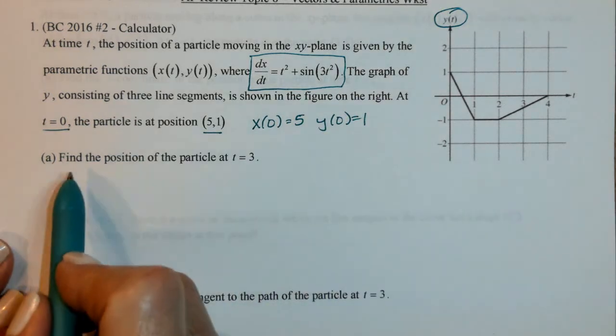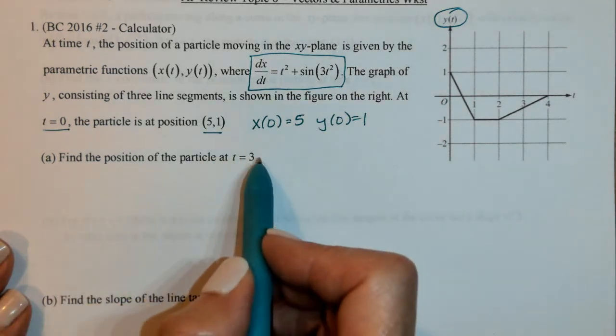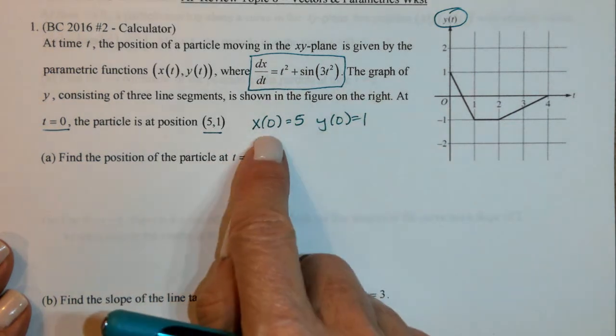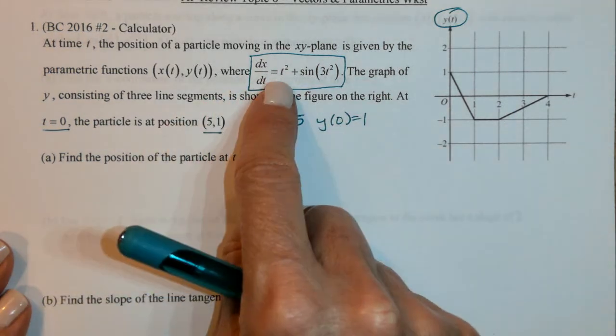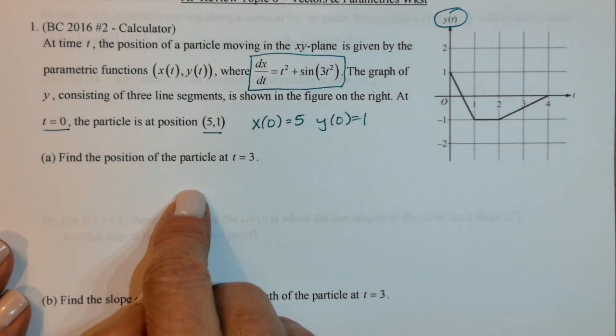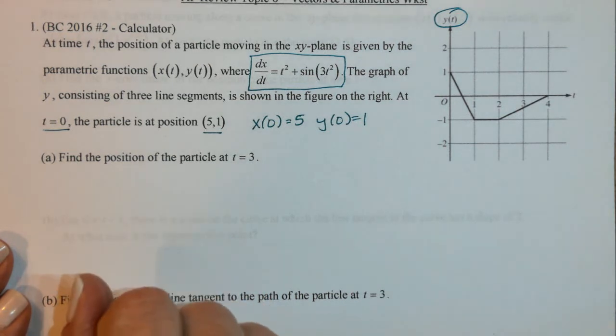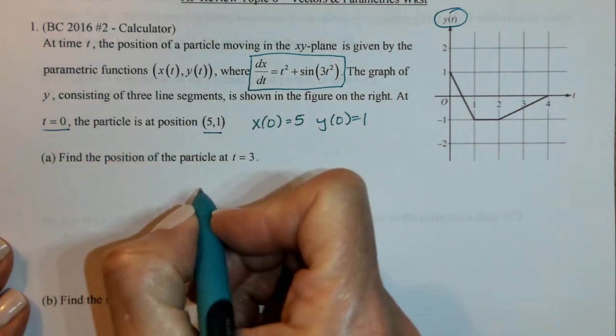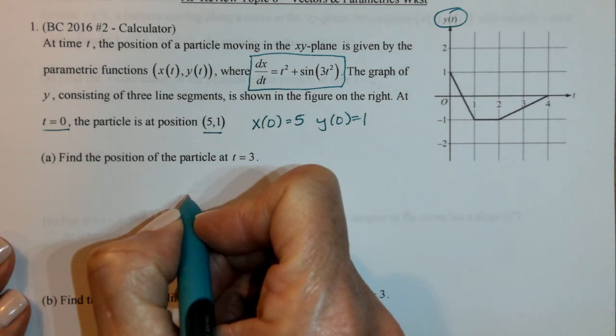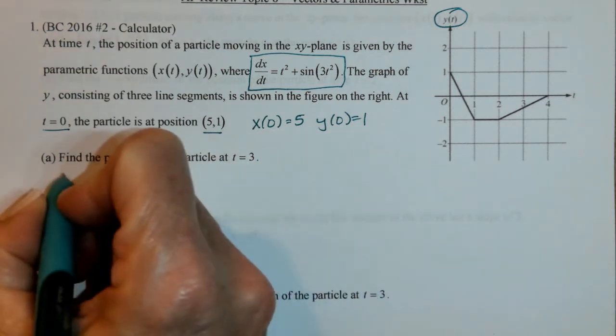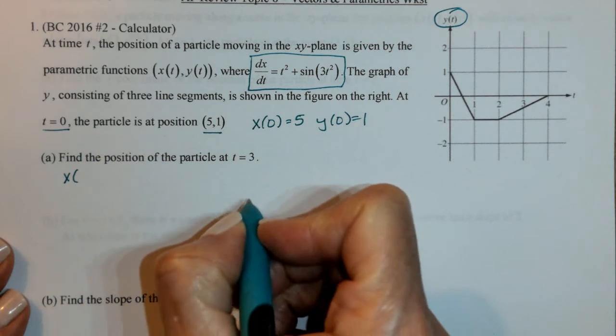Part A, find the position of the particle at time 3. Well, if they give you a position and a rate, you can get any new position using the fundamental theorem of calculus. So I'm going to set up two equations for the fundamental theorem of calculus, one for x, one for y.